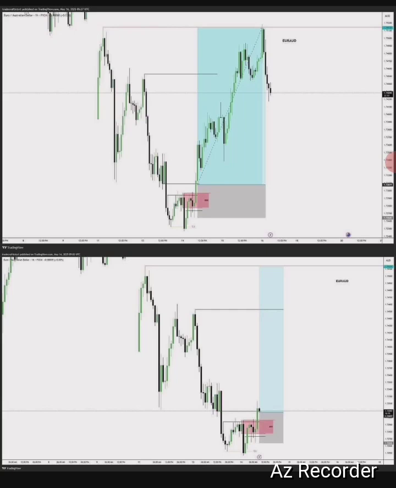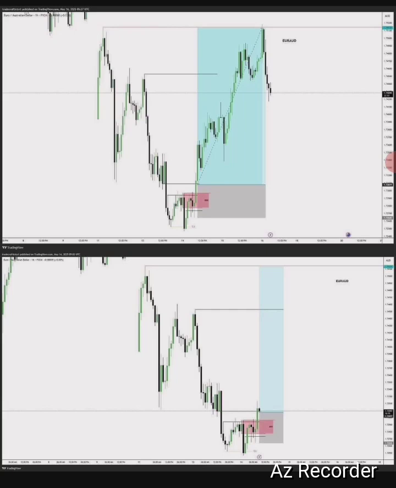The top chart analysis covers the time frame from May 15 to May 16, 2025. The price dropped to test the demand zone around 1.7240, and then rallied to the supply zone near 1.7460 to 1.7480.